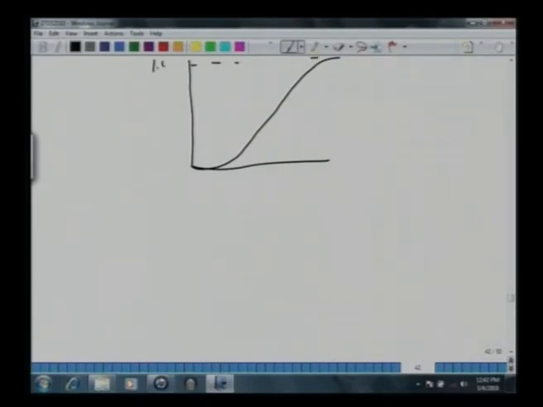This is 1. This is the area, if you say it's very small, TB. Now of course breakthrough is 0, and maybe for simplicity we can say that when this response becomes 2% of the total response, the bed has started breaking through, or the bed has started becoming saturated. One has to stop here.